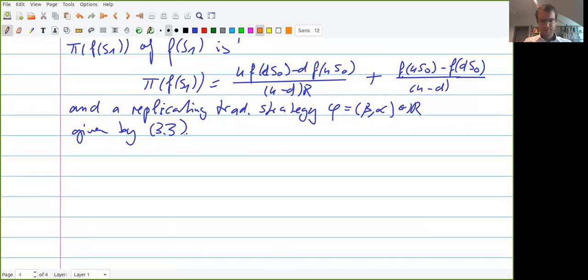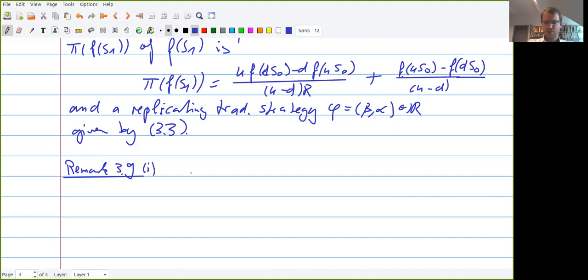Okay, but, and this is what I promised you at the beginning of the lecture, we can actually make a very nice observation. So this is remark 3.9, which is a very important remark here.